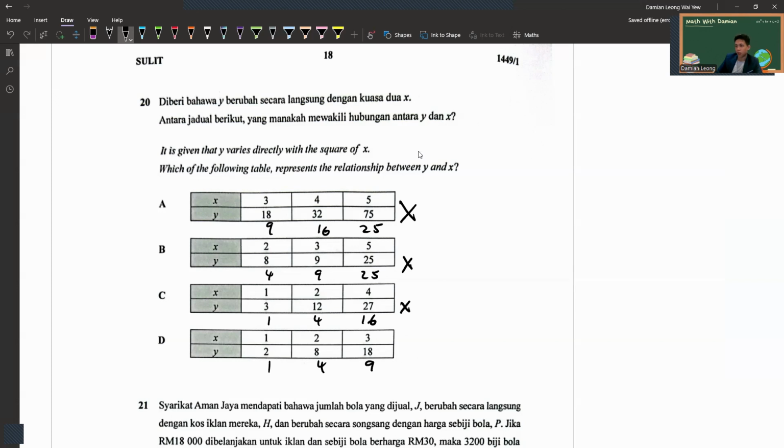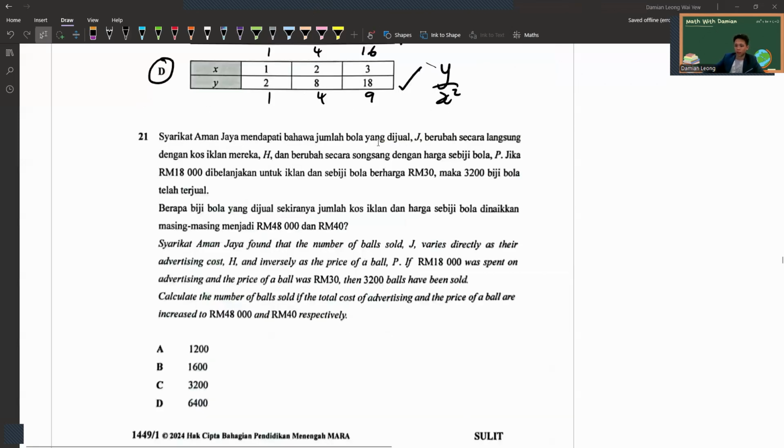So it's wrong also. 2 over 1, 2. 8 over 4, 2. 18 over 9, 2. This is correct. So the answer would be D. It should have a constant ratio of y over x squared, since y varies directly as the square of x. Okay.